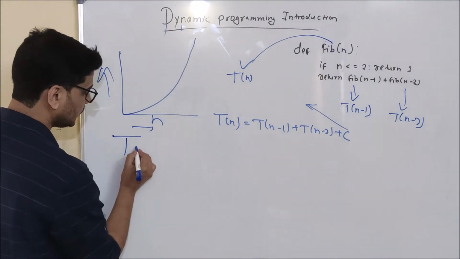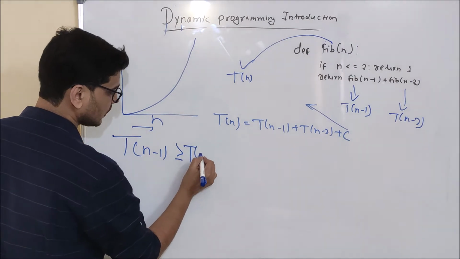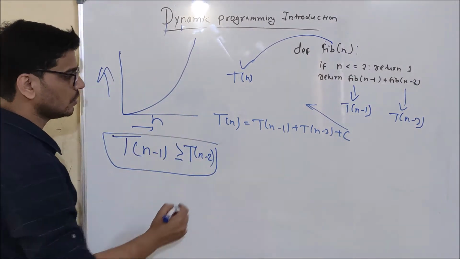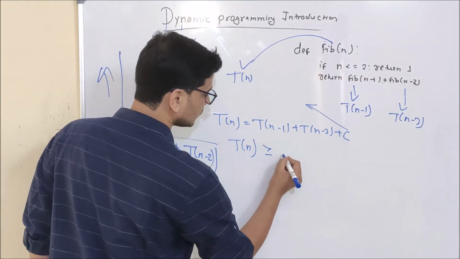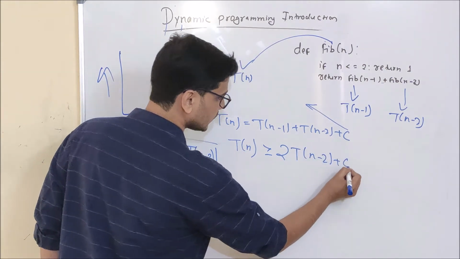Now, T(n-1) should be greater than or equal to T(n-2) in any case. Correct? So we can write T(n) is greater than or equal to twice T(n-2) plus some constant time. Correct?